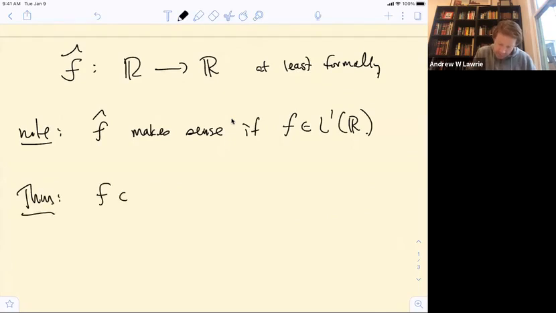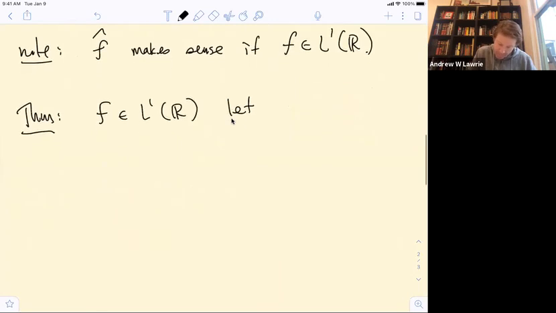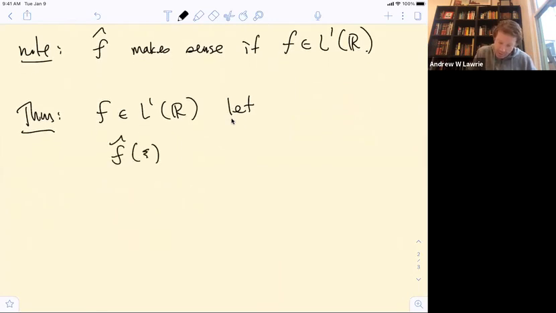Given f in L1 of R, let f hat of c be defined as the integral from minus infinity to infinity of f of x e to the minus, I'm going to have trouble sticking to my convention, 2 pi i x c dx.